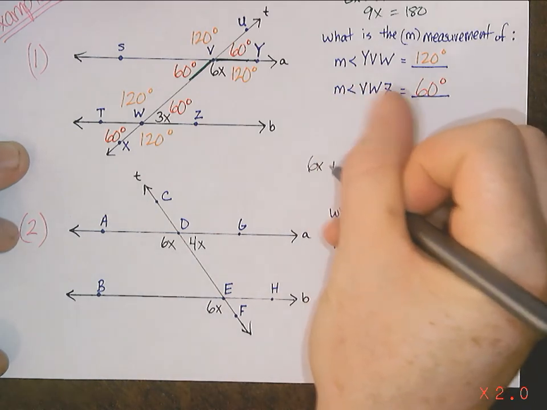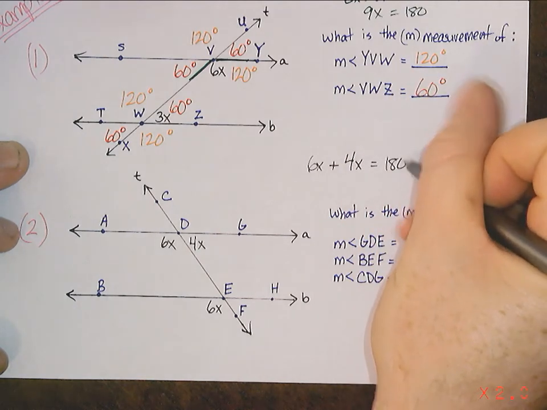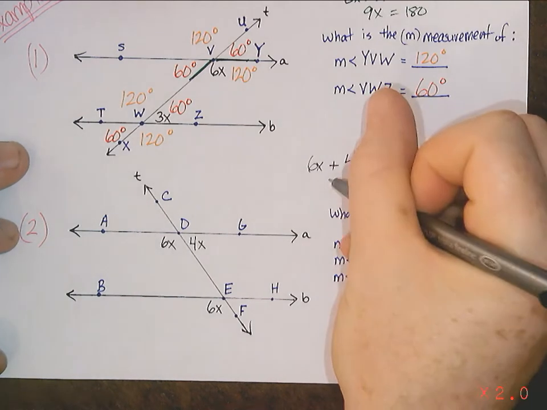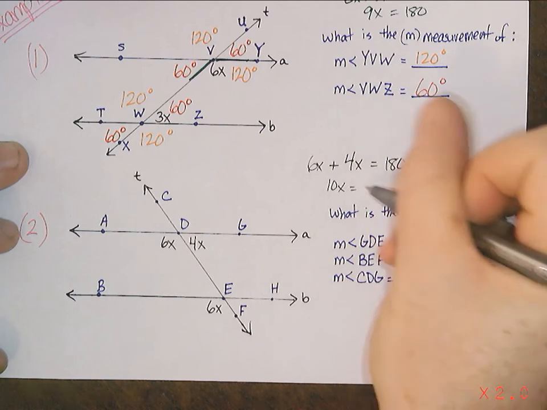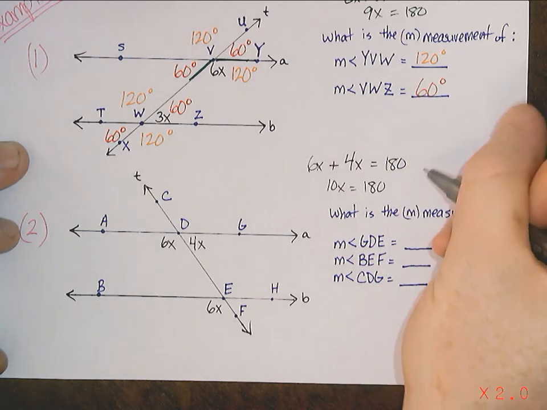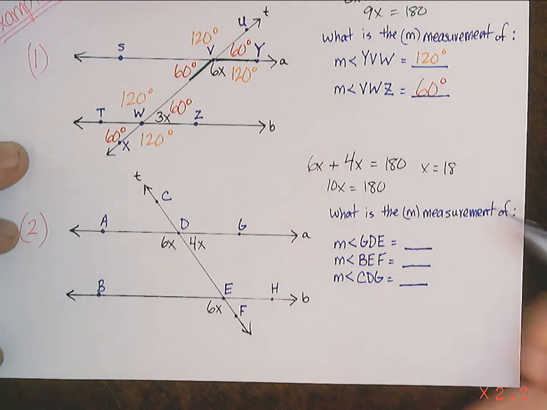6x plus 4x has to equal 180 degrees because that's a straight line, or a straight angle. If we add those together, combine like terms, solve for x, divide both sides by 10, x equals 18 degrees. And then all you've got to do is plug it in.